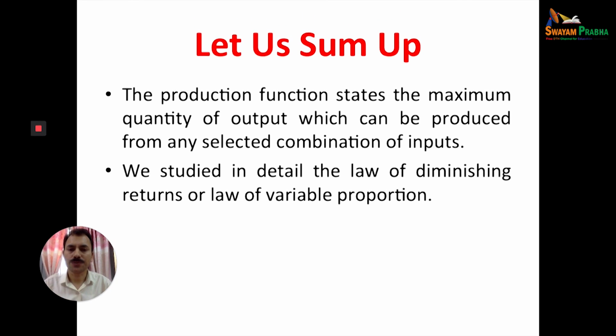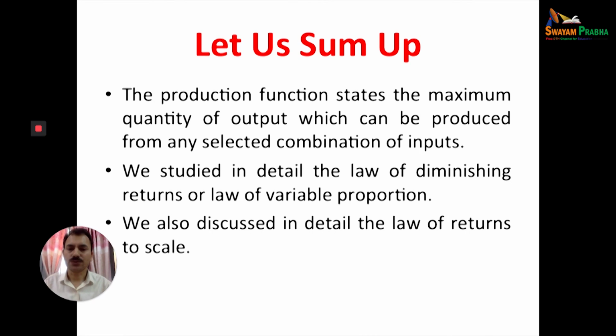The first stage is the irrational stage, meaning a producer should not produce in the first stage. The producer must stay in the second stage, where no doubt marginal product and average product are decreasing, but the total product is still increasing and reaches its maximum point. In the third stage, it starts decreasing with the increase of input.